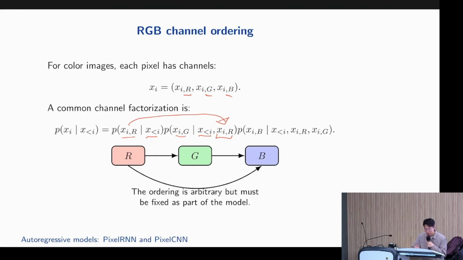And to generate the blue pixel, all the past, the red pixel value you just generated 2 steps ago, and the green pixel value you just generated. Okay. So this ordering is arbitrary, but you must use a fixed ordering.